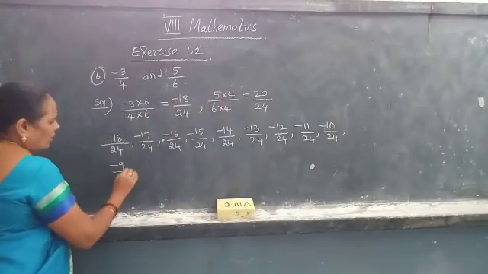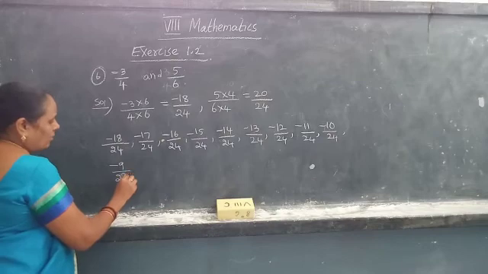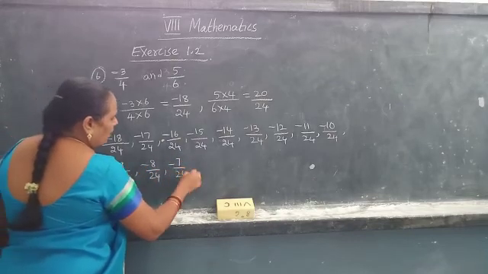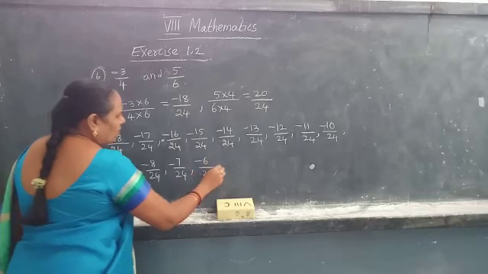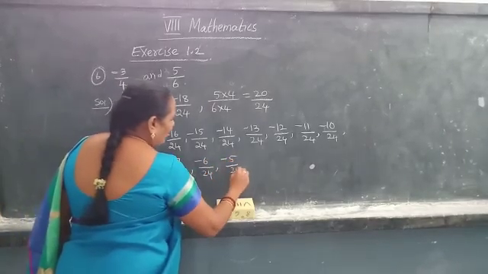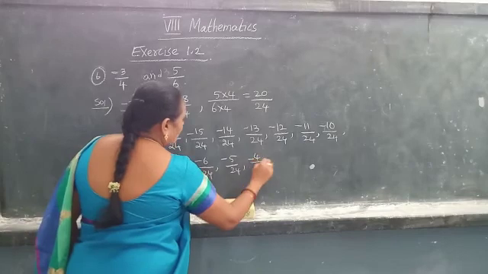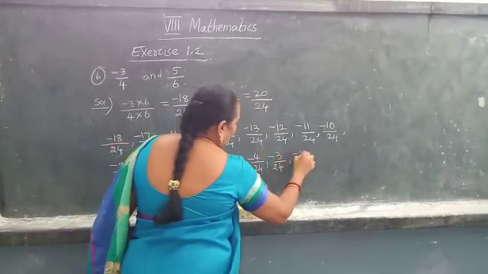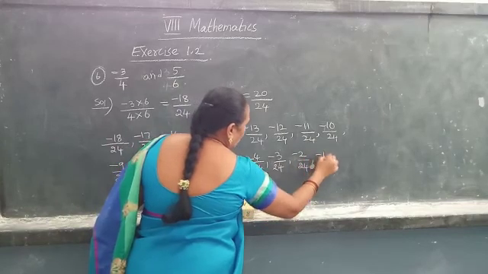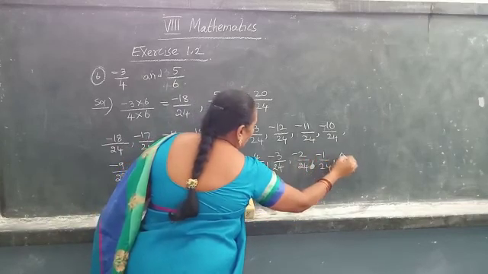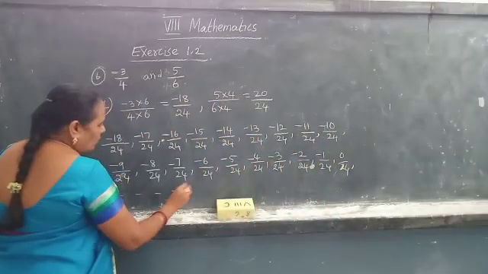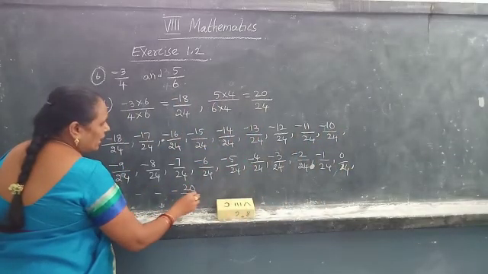So many we get: -9 by 24, -8 by 24, -7 by 24, -6 by 24, -5 by 24, -4 by 24, -3 by 24, -2 by 24, -1 by 24, 0 by 24, and afterwards you get all the positive numbers till 20.